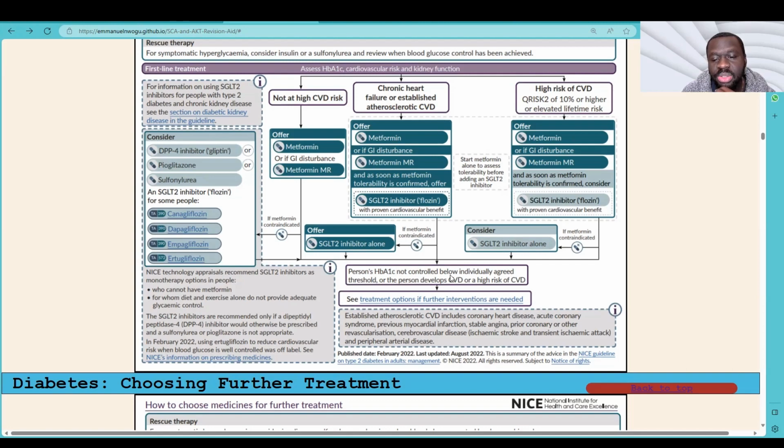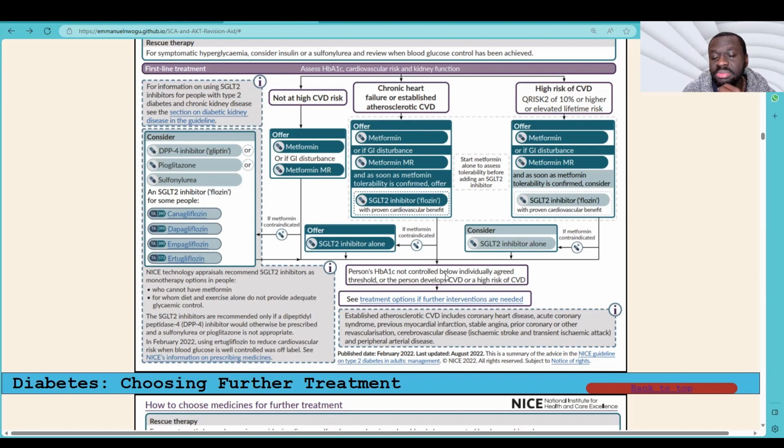If the person's HbA1c is not controlled below the individually agreed threshold, or the person develops cardiovascular disease, see treatment options if further investigations are needed. It's also good to establish the target HbA1c. For someone who is physically well, fit, not frail, you typically want the HbA1c to be either normal or within the pre-diabetic range, so less than 48.